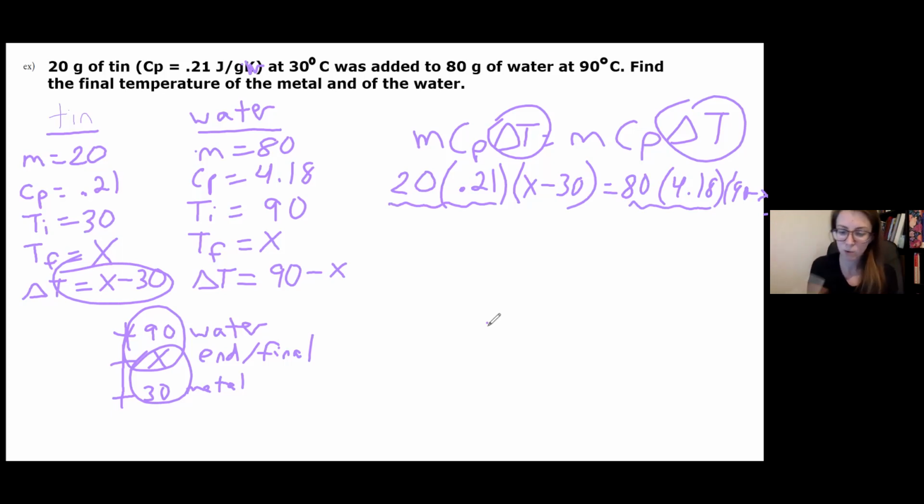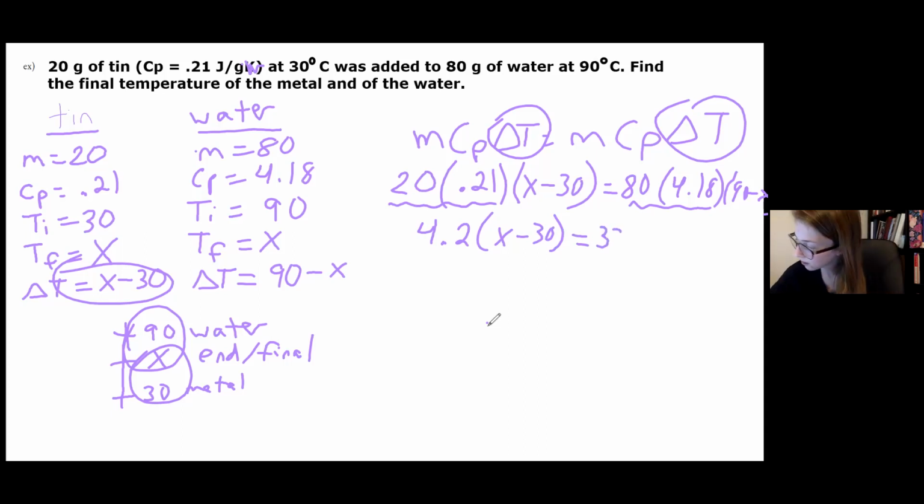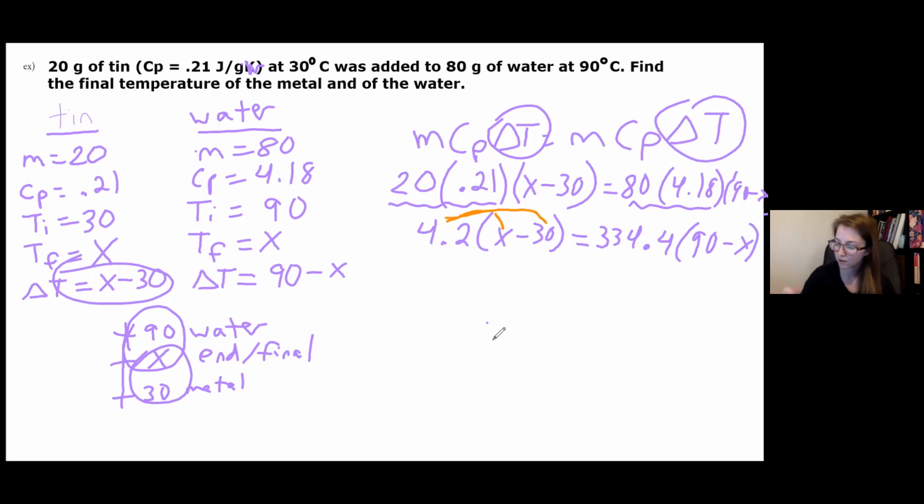So 20 times 0.21, I have 4.2, and I then leave the X minus 30. 80 times 4.18 gets me 334.4, and then leave the 90 minus X. Now, hopefully this is a lot less intimidating and we can distribute. So we'll do 4.2 times X and 4.2 times negative 30.